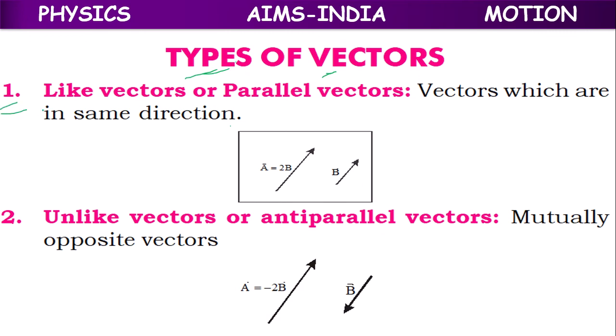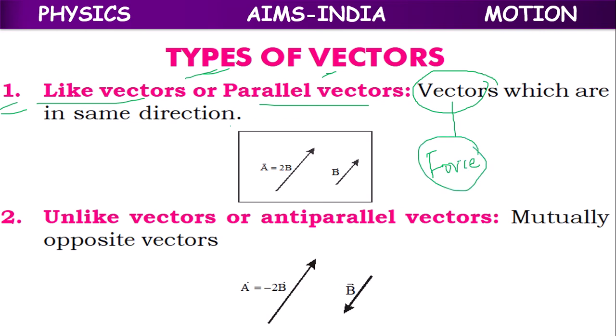First type is like vectors or parallel vectors. Here don't get confused with the word vector, children. Vector means it's a physical quantity. We are all familiar with the word force. Force is a vector. Why is force a vector?